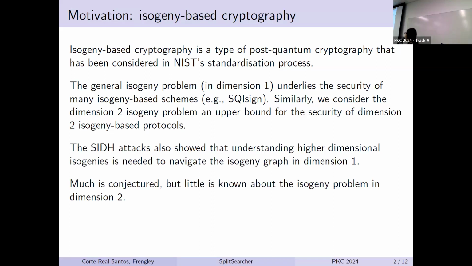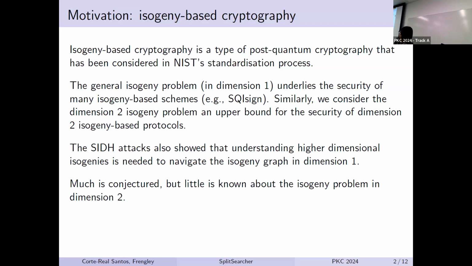The reason we may be interested in the dimension 2 analogs is that the SIDH attacks show that understanding these higher dimensional isogenies is necessary to understand the isogeny graph of dimension 1. The algorithms we developed in this paper can help you navigate these higher dimensional isogeny graphs.